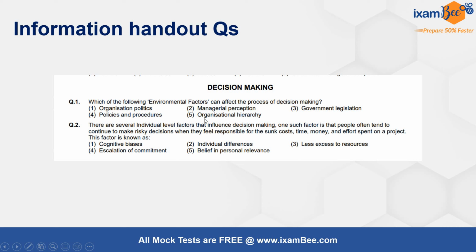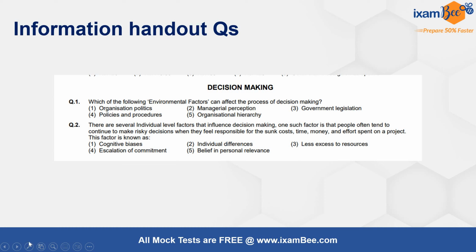If we notice, all the other aspects like organizational politics, managerial perception, policies and procedures, and organizational hierarchy are factors inside the organization, so they are internal factors. The only external factor, which here they have also referred to as the environmental factor, referring not to the green environment but to the external setup in which the organization exists, is government legislation.